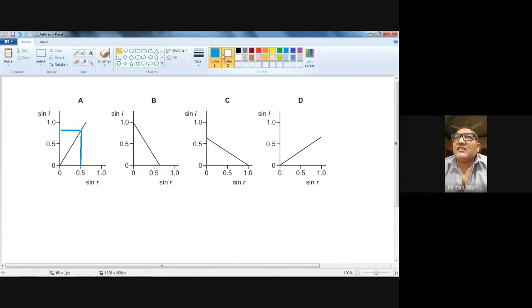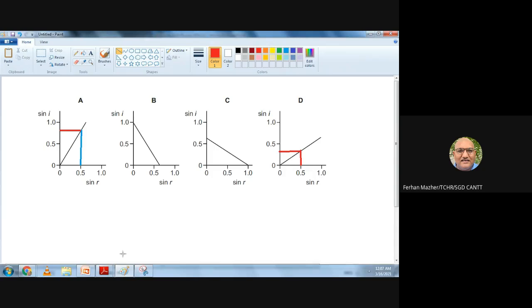So let's check. I take this 0.5 and I go to the graph. From there, I will draw a horizontal line. So if I take this point, its x value is 0.5, the y value is something 0.3 or 0.4, I think.